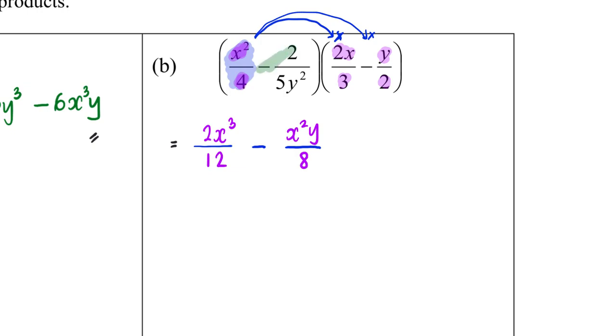Now is the other fraction that I'm going to multiply them to. So negative multiplied by positive, you will get a negative fraction. Again, it is the numerator multiplied by numerator, in this case 4x, over denominator multiplied by denominator, 15y squared.